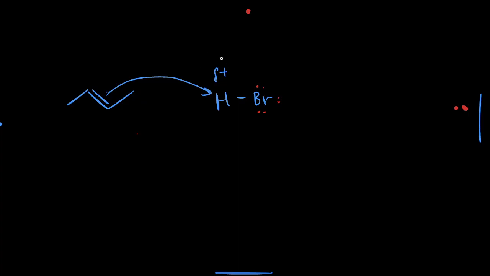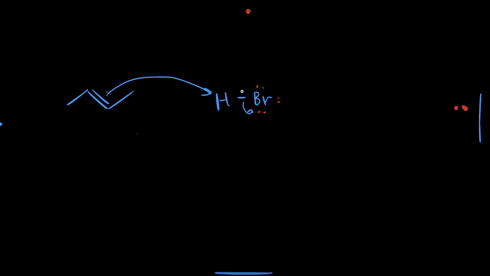But we know that hydrogen can only have one bond. So if it can only have one bond, that means the electrons that make up the bond between the hydrogen and the bromine must collapse. And so they collapse onto the bromine.